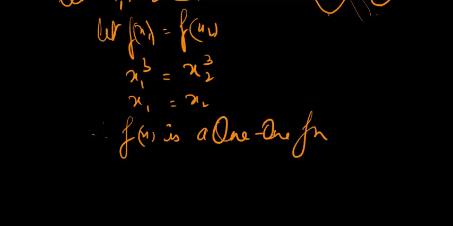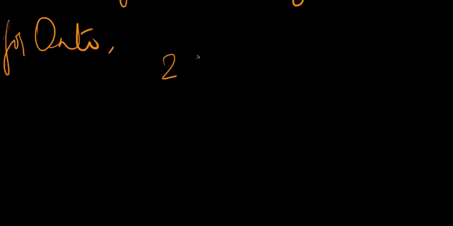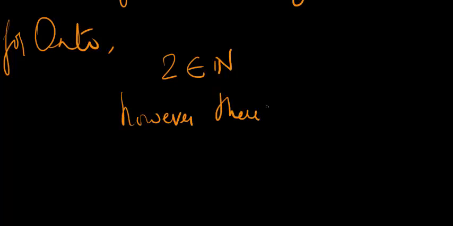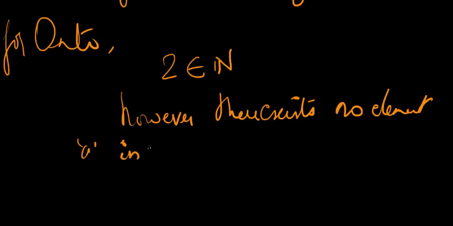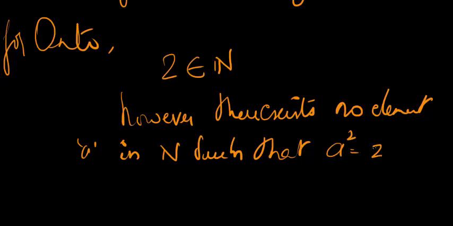Okay, now let's check if it is onto. We have just gone ahead and proved that the function is not onto, isn't it? For onto, 2 belongs to natural numbers N. However, there exists no element A in N such that A square is equal to 2.